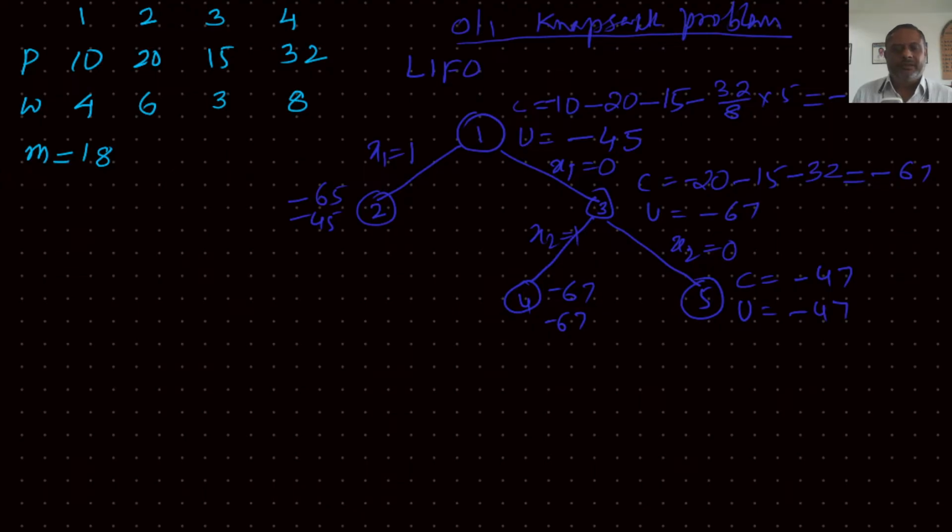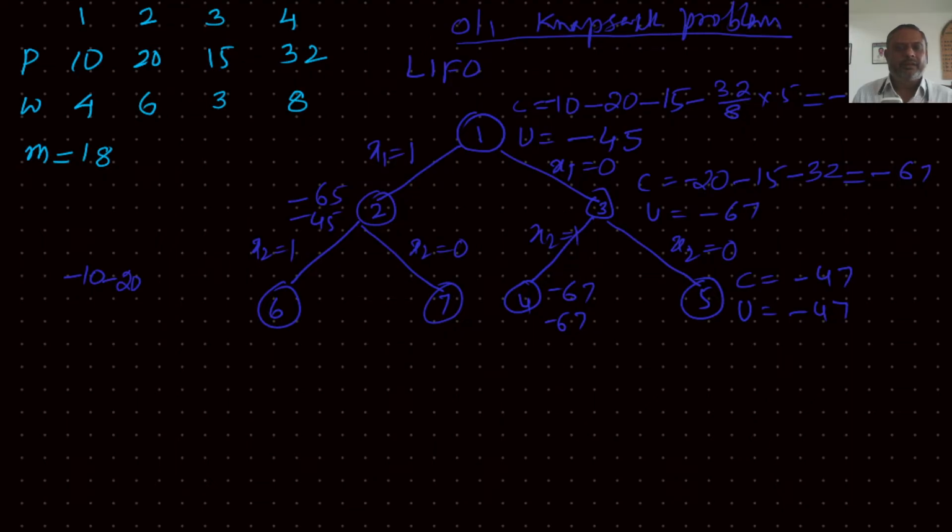So 3 is done. Now at this level, 2 is still unaddressed, so 6 and 7 will come. This is for x2 equal to 1 and x2 equal to 0. As we said, this will continue as it is. Let's verify that. It says x1 is there. Yes, x1 is there. You say x2 is there. Yes, x2 is there.